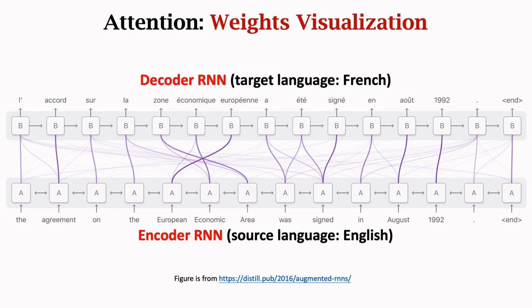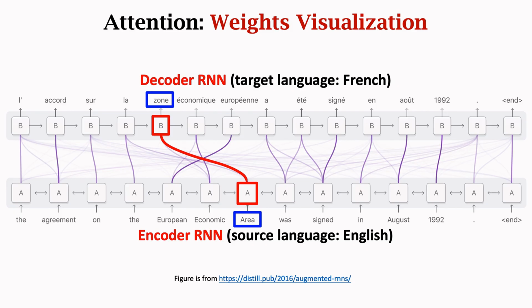A thick line indicates the two states are well aligned. That is, the weight alpha is big. The line connecting the two states is thick. It means the weight alpha is big, and the two states are highly relevant. This has an intuitive explanation. The English word area is zone in French.